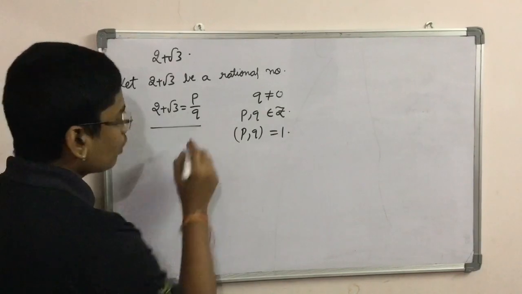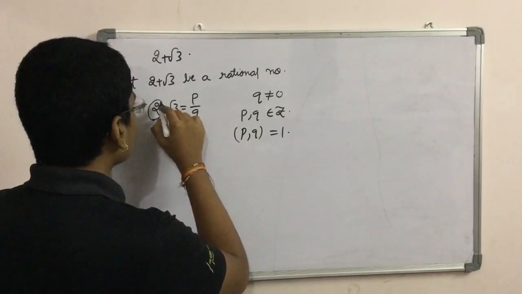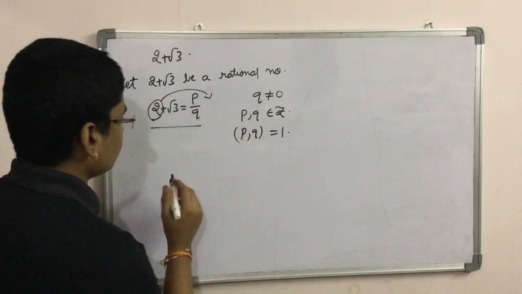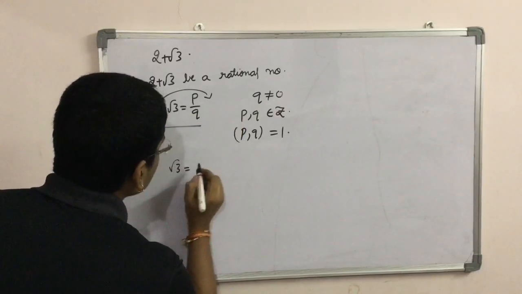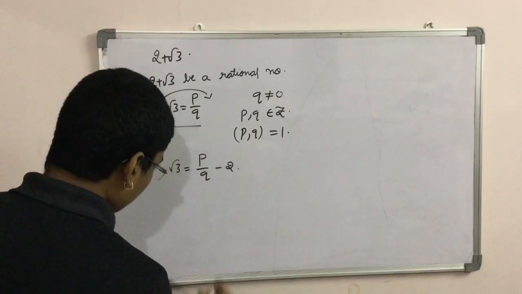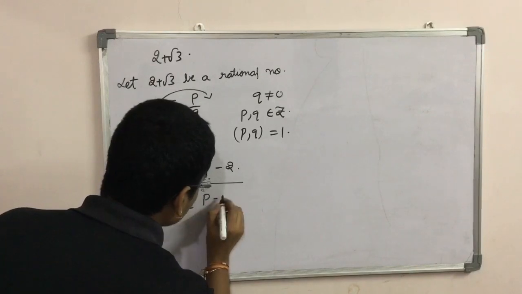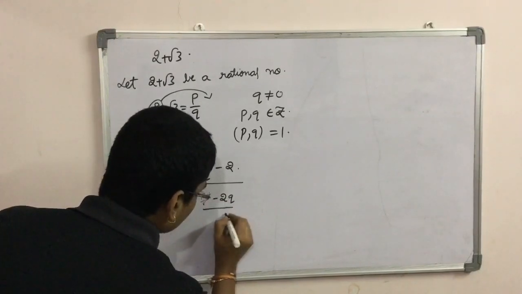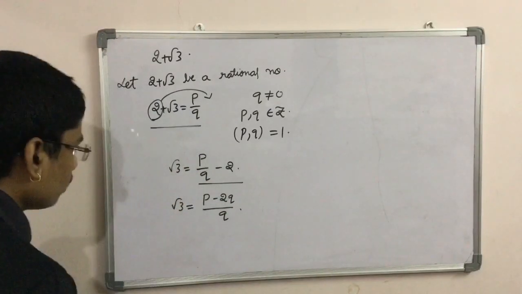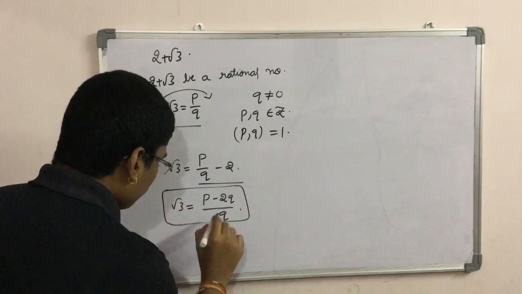So whenever we get a model like this, then we have to send the integer or the rational number to the other side, and we will get that root 3 is equal to p by q minus 2. We'll take the LCM on this side and it will become root 3 is equal to p minus 2q by q. And the process ends here and the contradiction comes.